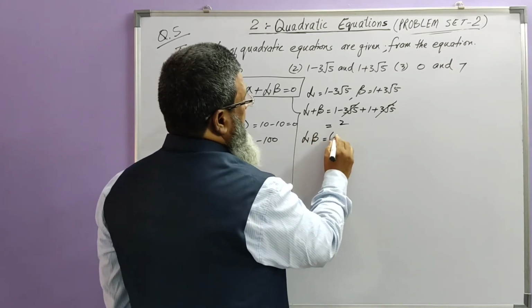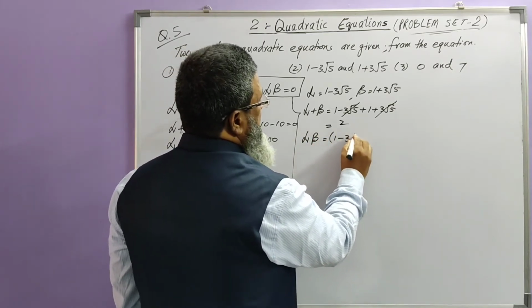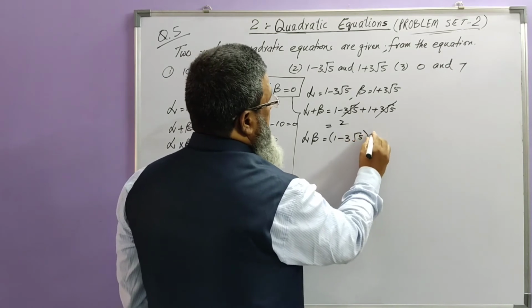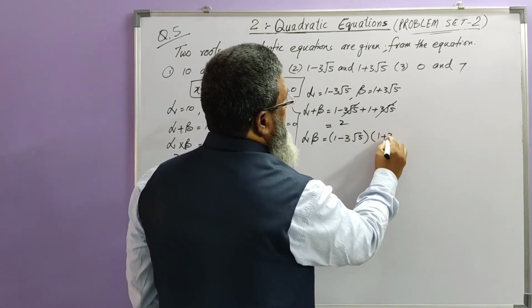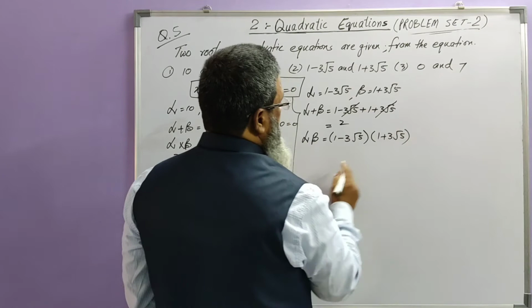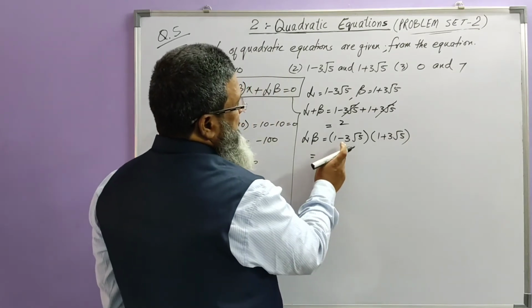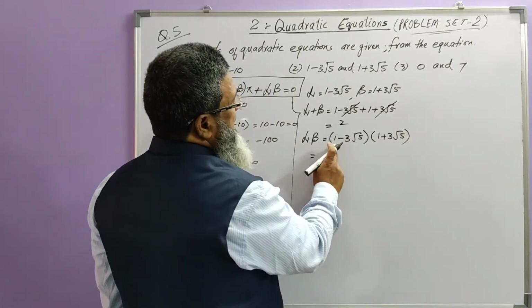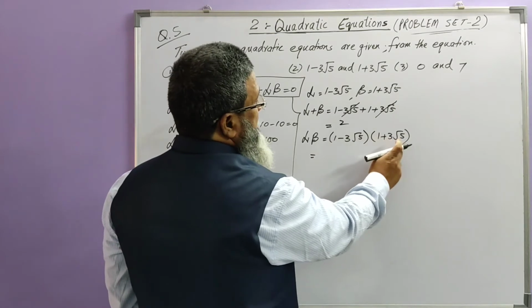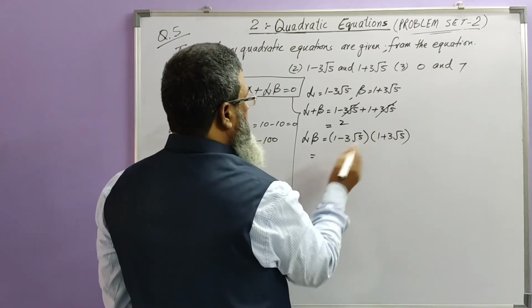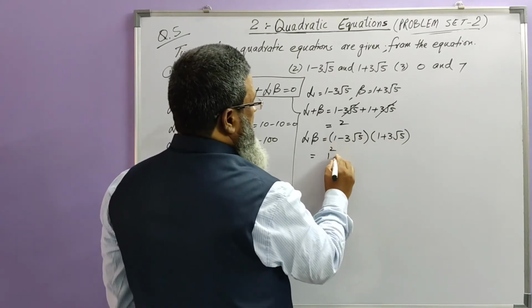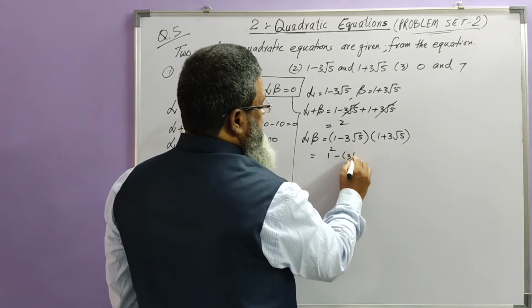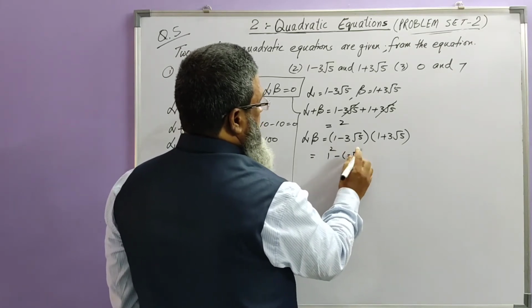What is alpha? 1 minus 3 root 5. And what is beta? 1 plus 3 root 5. If you see, this is in the form of a minus b and a plus b. Then use the formula a square minus b square.